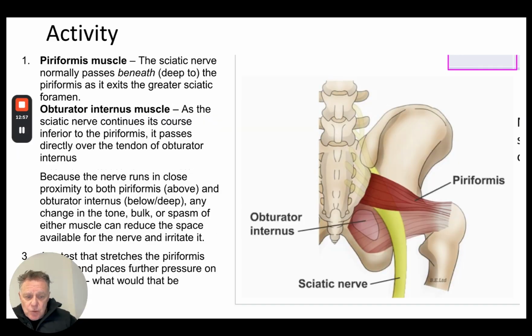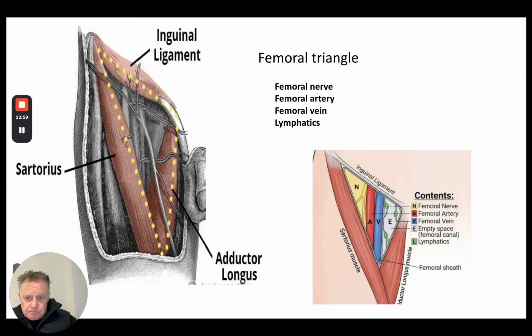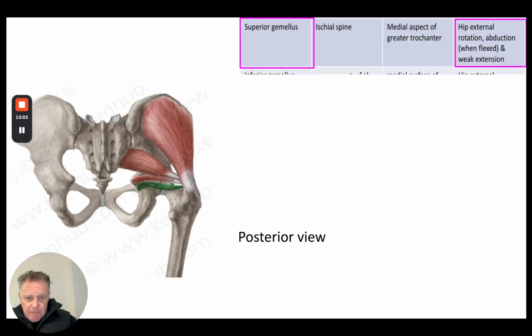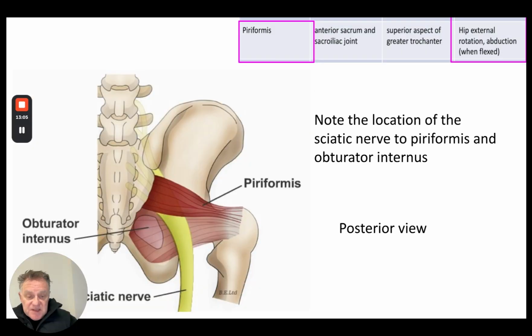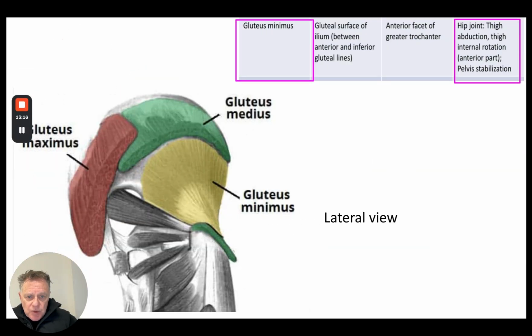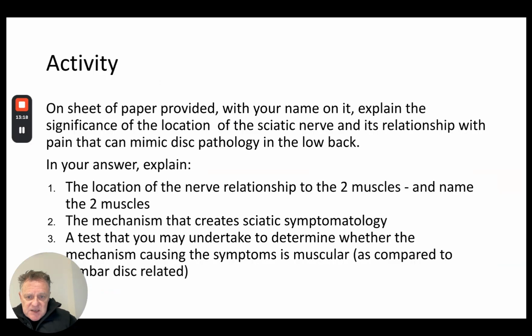Now, obviously, I'm talking about this scenario, right? So it's impingement of the sciatic nerve where it runs between piriformis and obturator internus, right? So that's what we're actually looking at. And just moving back to this one here. So they're the two muscles.